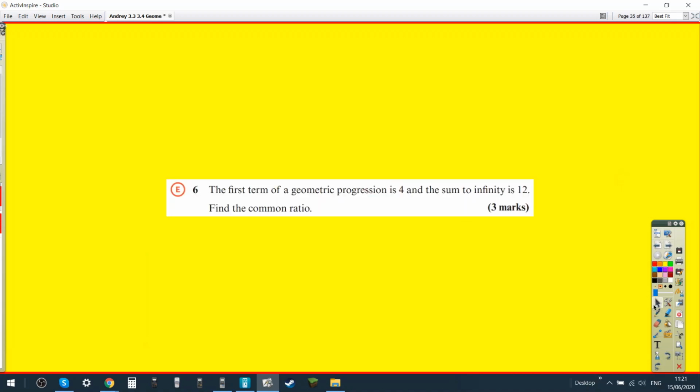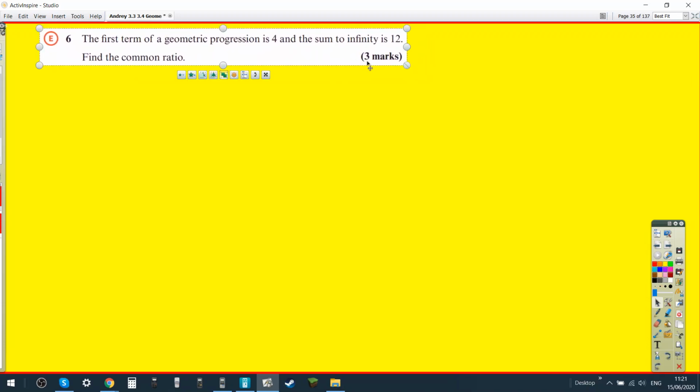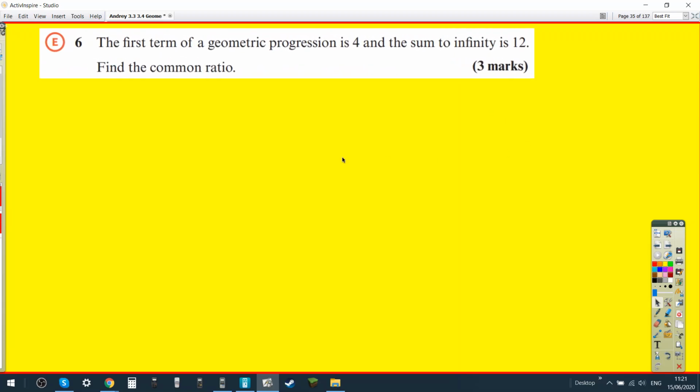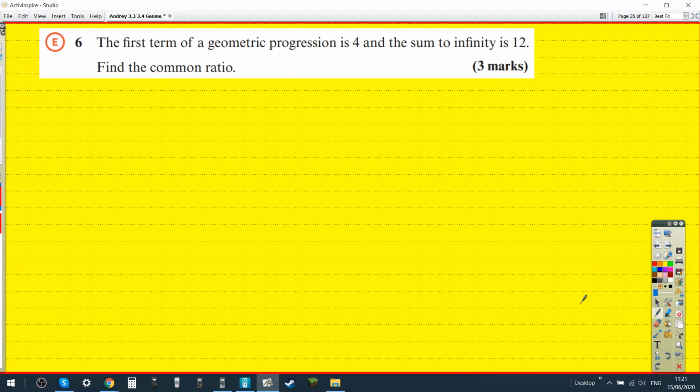Let's try this. Okay. What is this? So does that mean that A is 4? Yep.